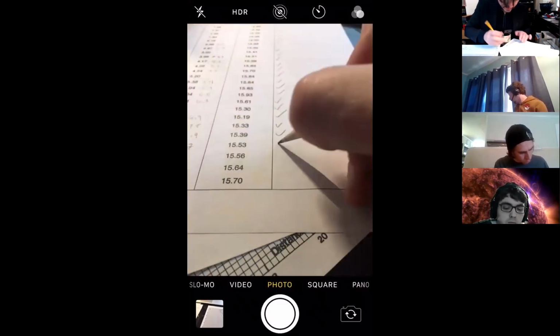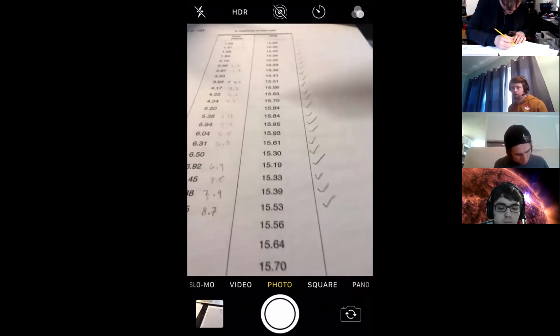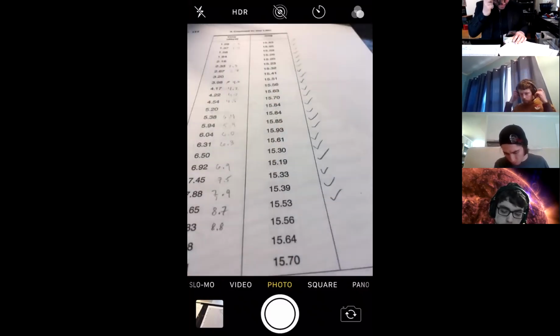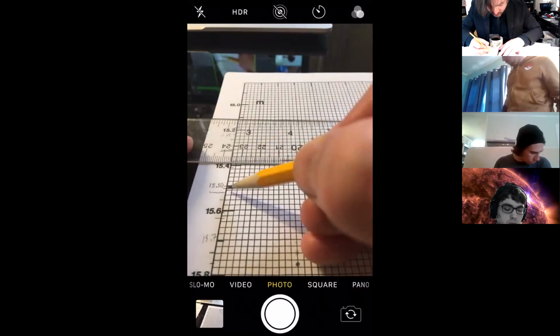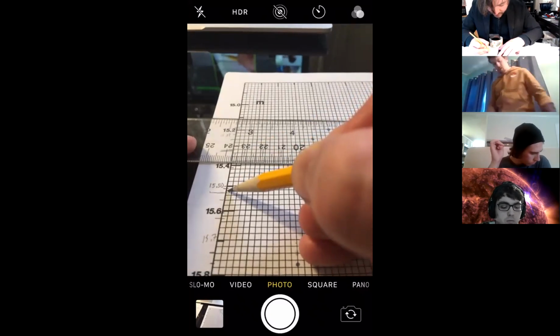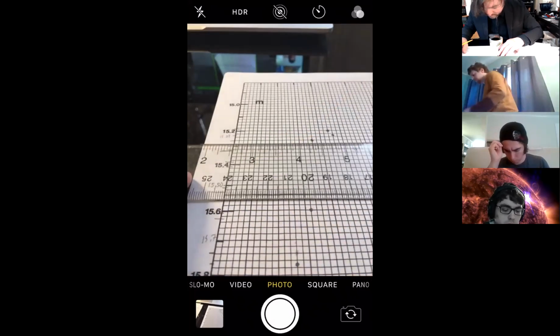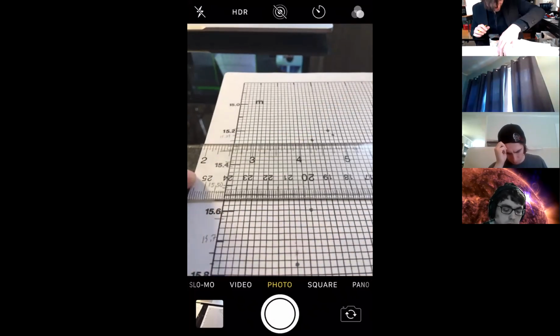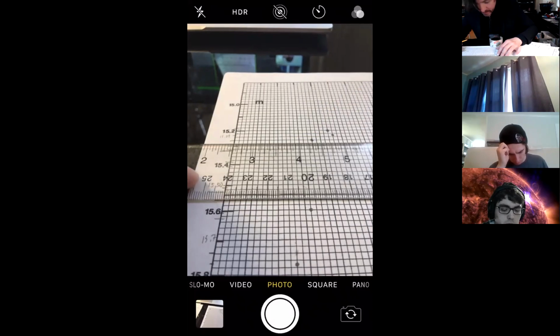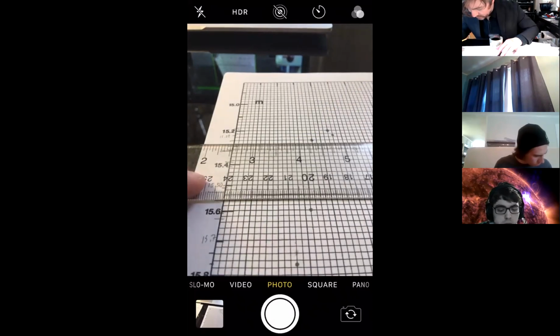I don't know how you guys are doing with this, but I'm getting there. 8.8 and 15.56. So 15.52, 15.54, 15.56. And that's 8.8.